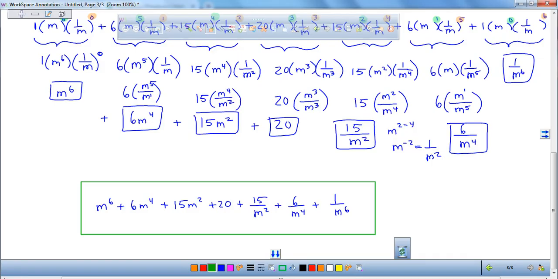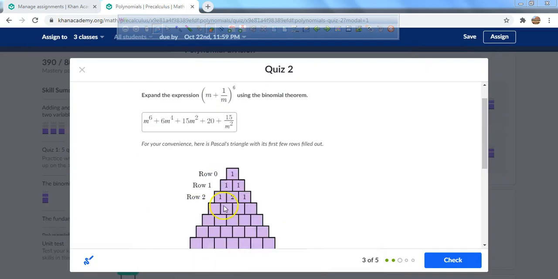Let me look, m squared. Then we had plus another fraction, 6 over m to the power of 4.